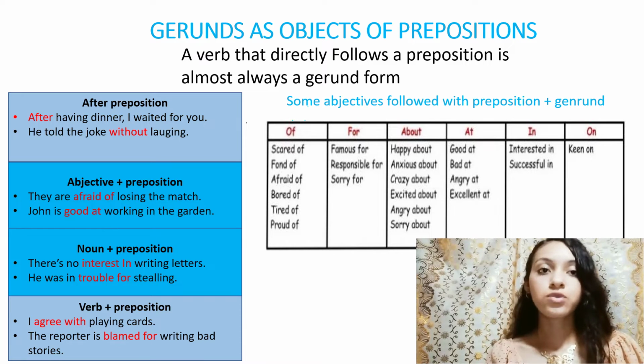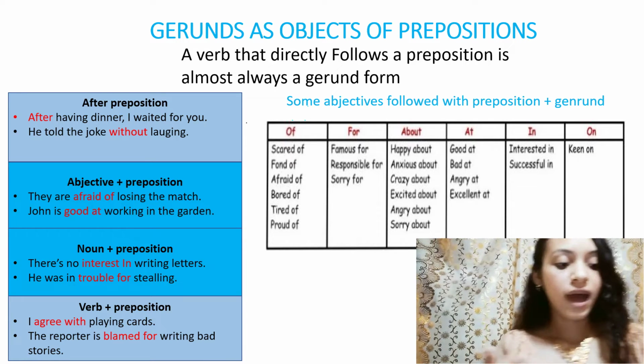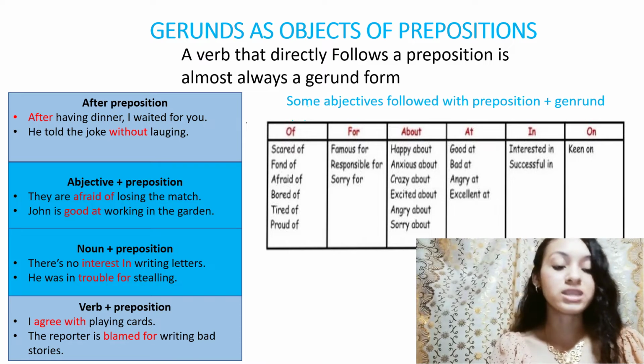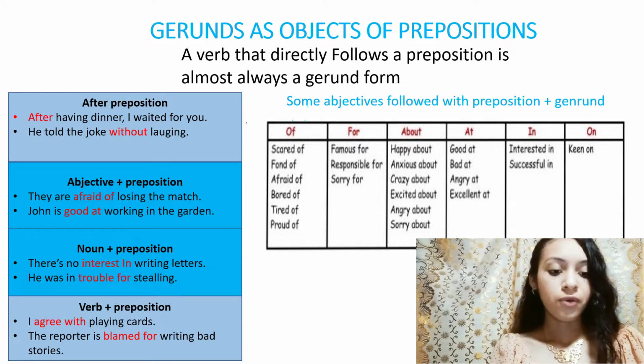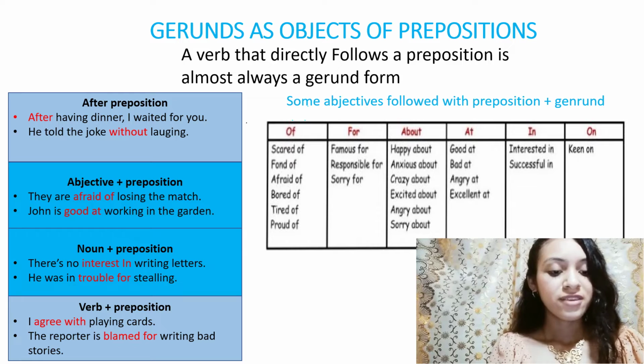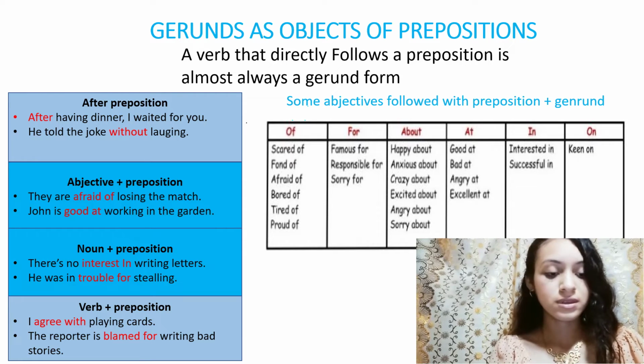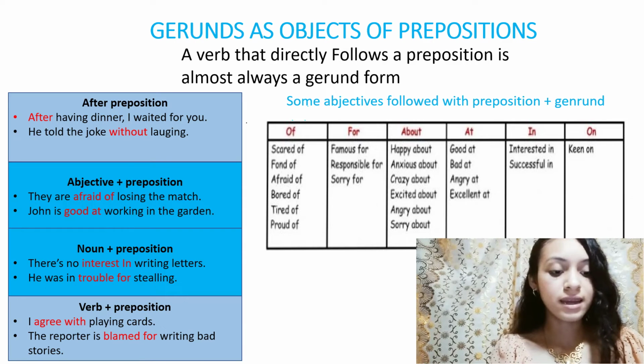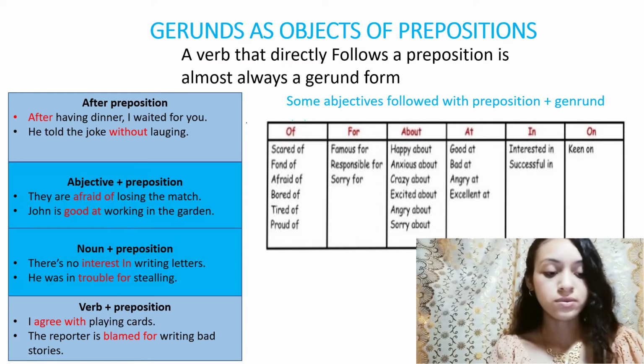On the other hand, we have some adjectives followed by preposition plus gerund. We have with of: scared of, fond of, afraid of, bored of, etc. With for: famous for, responsible for, and sorry for. And also with about: happy about, anxious about, crazy about, excited about, angry about.